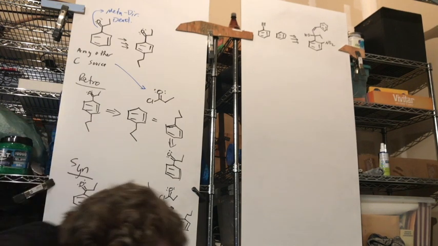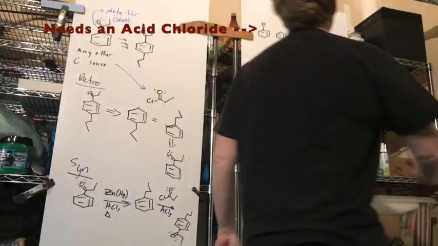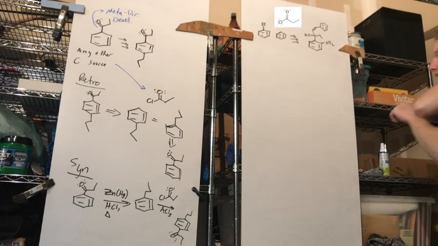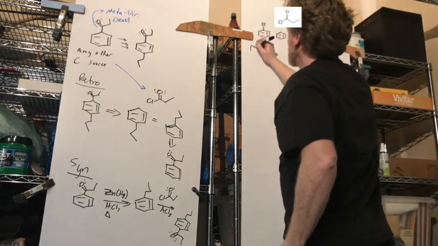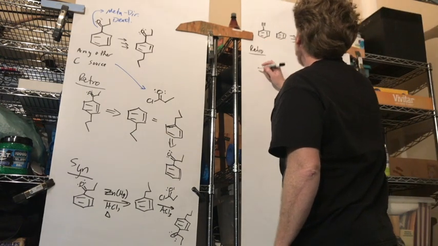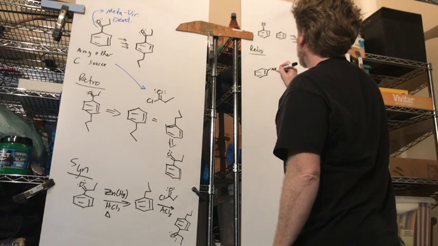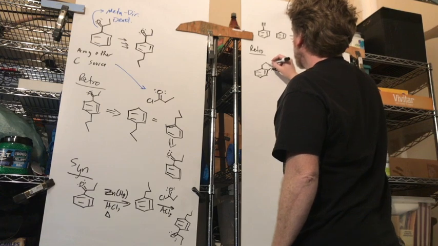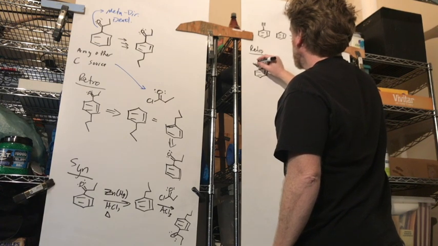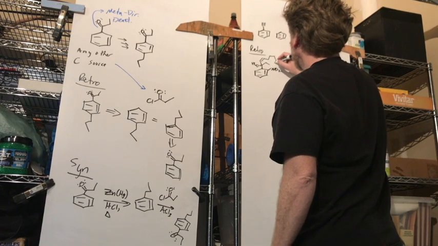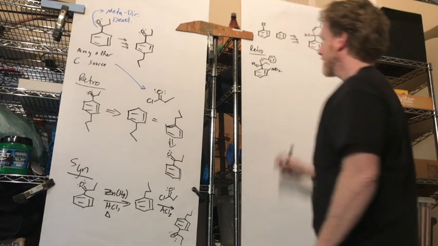Okay, and now this one is almost cruel and unusual punishment. Got a lot going on here, but it's good. We can get through it. Let's do it. So we got our retro first. Let's draw this beast up. Got a cis alkene. Hopefully that rings a bell for you.